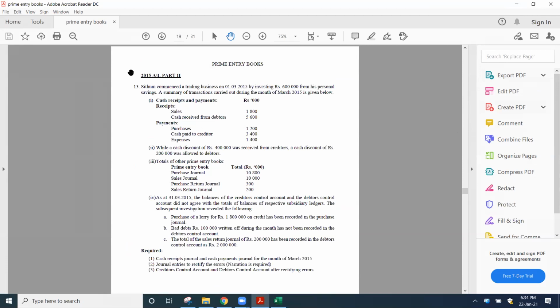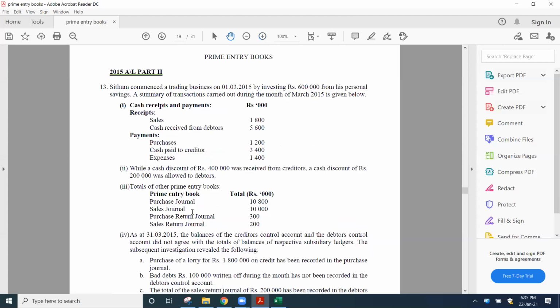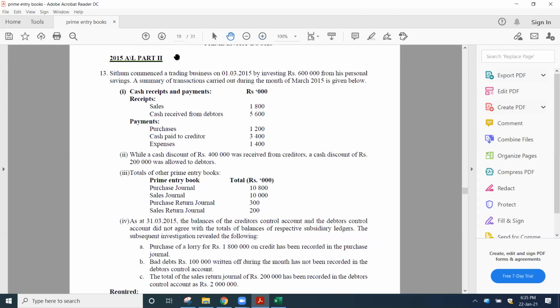We are going to do a past paper question, 2015 A level, part 2. Right? Okay, so let's read the question.